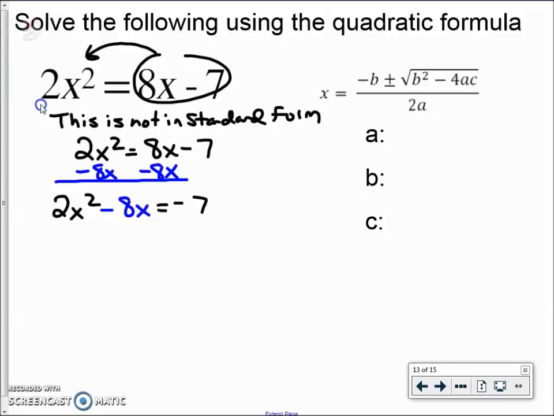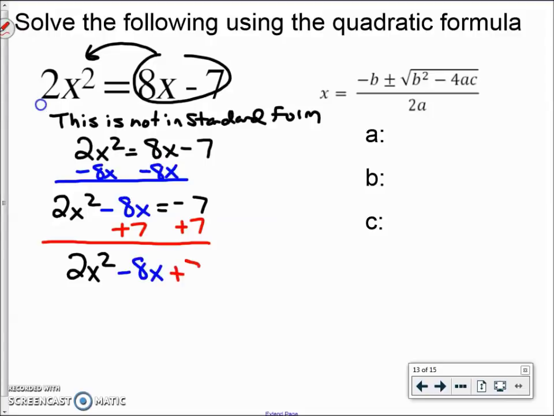And then I'm going to add 7 to both sides. To get 2x squared minus 8x plus 7 is equal to 0. Standard form.